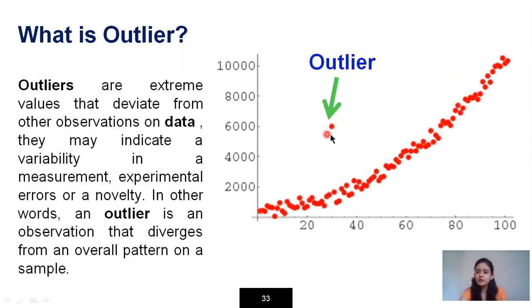I will call this particular data point the outlier, because it is very far from the bulk of the data. My bulk of the data majorly lies in this area, and this one observation is very different from the other observations. That different observation we call the outlier.